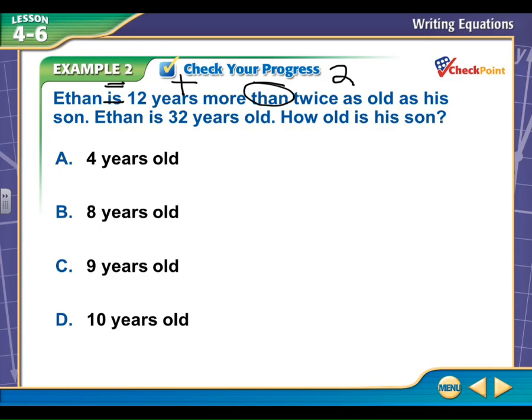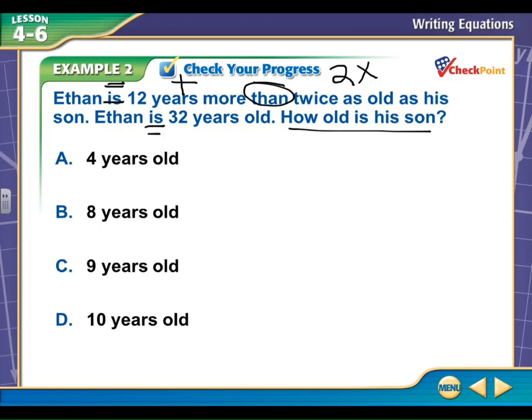son. Well, what do we use for our variable? Let's just use x. I don't like using s because it confuses me. So let's use x to represent the son, because we don't know how old the son is. But we know that Ethan is 32 years old.